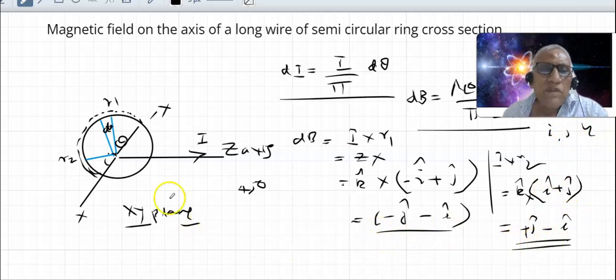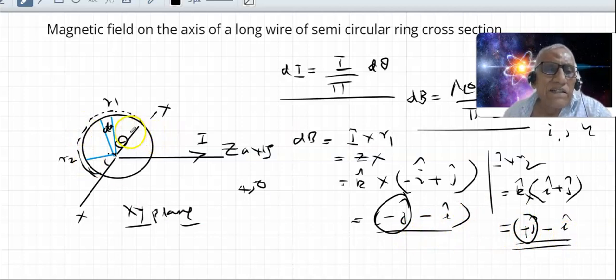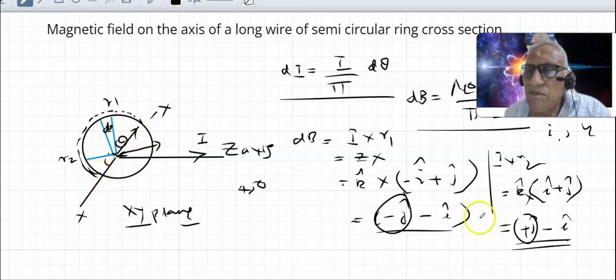So we can see that if we take one strip on this side and another strip on the other side, one gives us minus j, the other gives us plus j, so they cancel. The only component that remains is the component in this direction. This is the direction of the magnetic field here, and we can see here it is minus j minus i, so both minus.